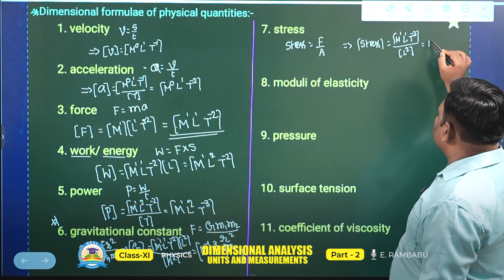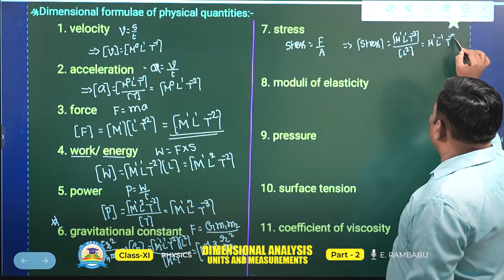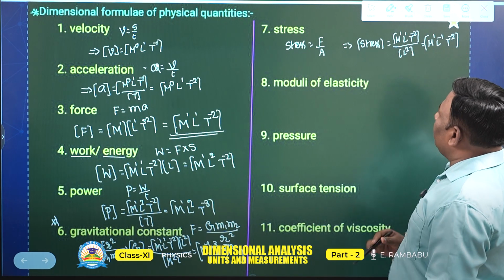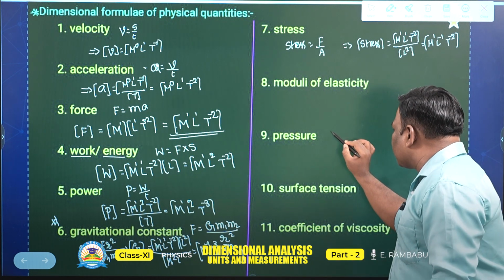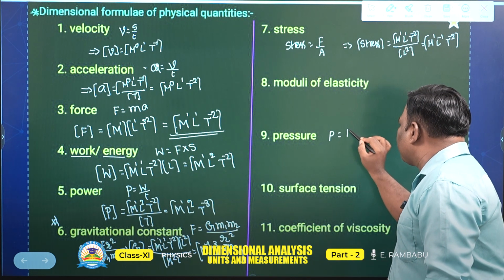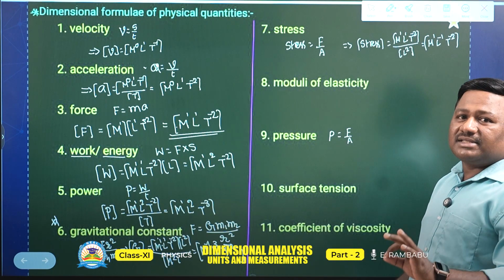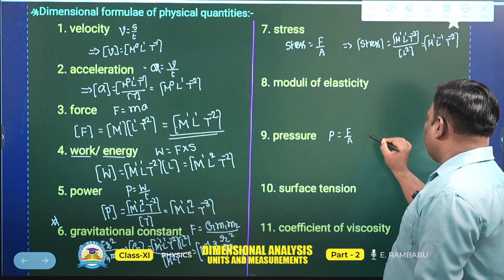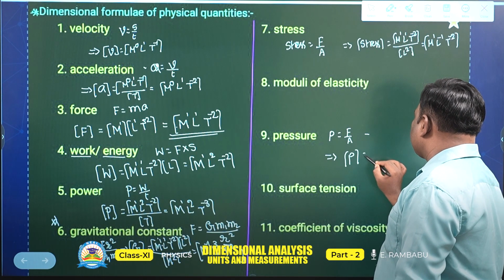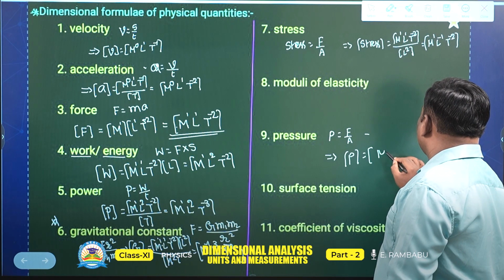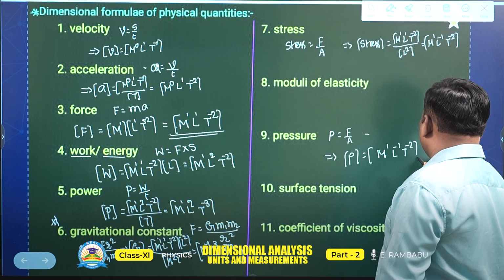So we will take it as M to the power 1, L to the power minus 1, T to the power minus 2. So this is the dimensional formula for stress. Similarly, see this pressure. Now pressure is also nothing but force per area. Stress and pressure both have the same dimensional formulas. So here the dimensional formula of pressure is nothing but force per area, so this is also M to the power 1, L to the power minus 1, T to the power minus 2.